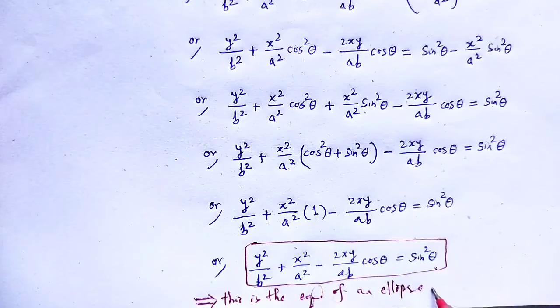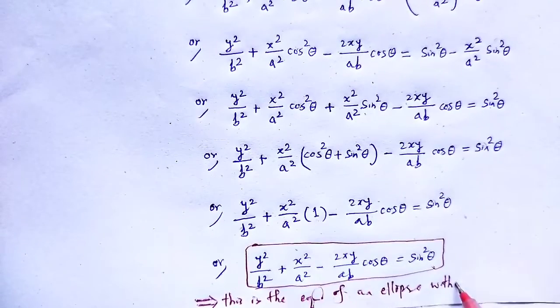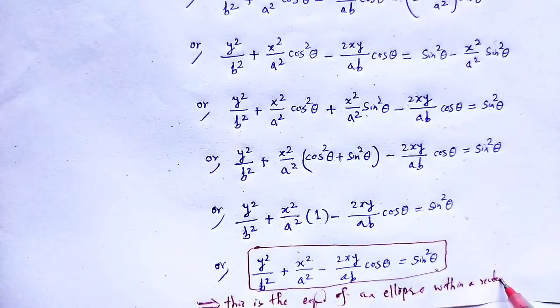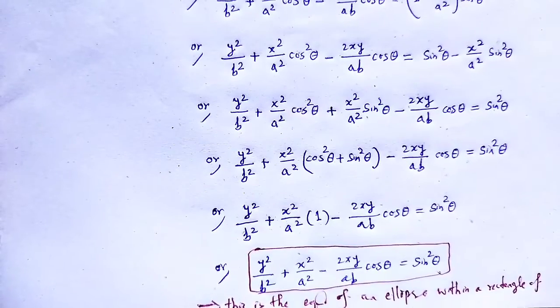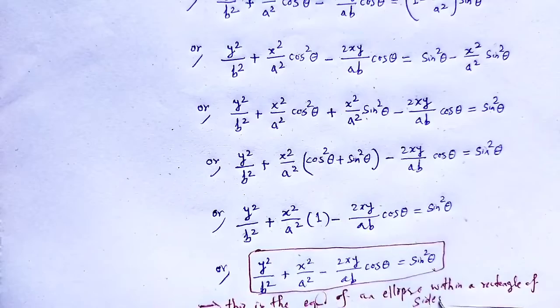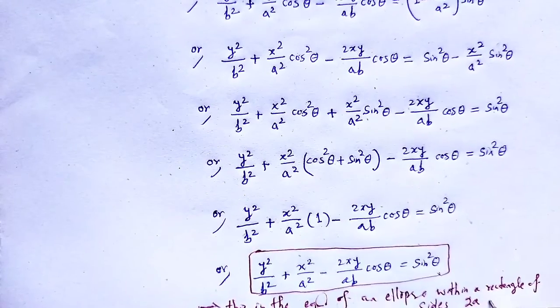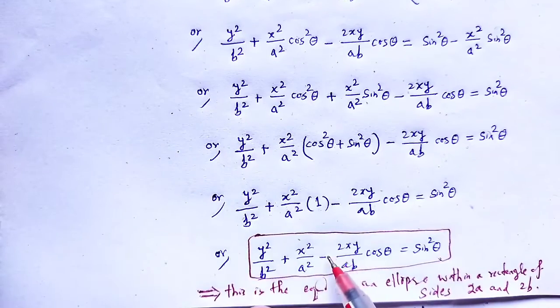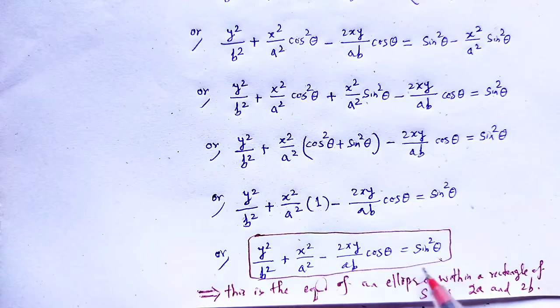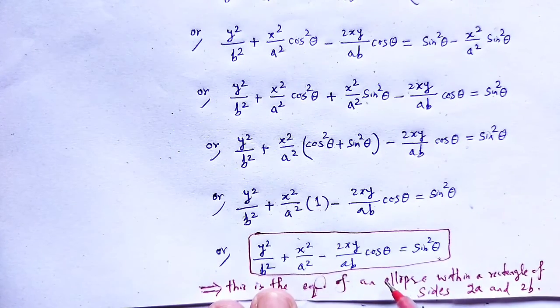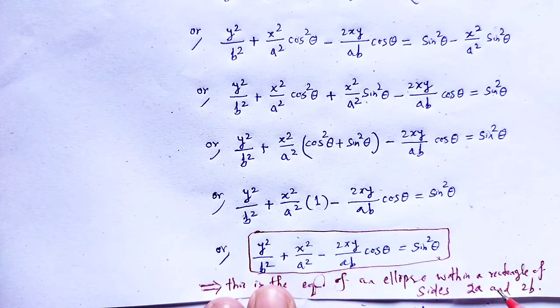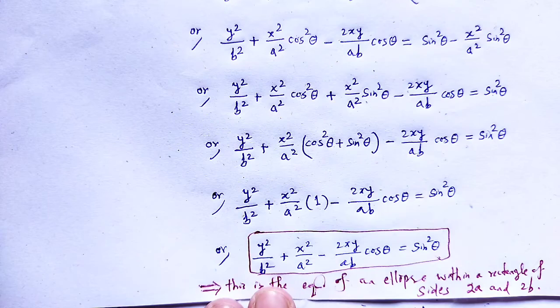What type of ellipse? Ellipse within a rectangle of sides 2a and 2b. That particular equation represents an ellipse within the rectangle of sides 2a and 2b.